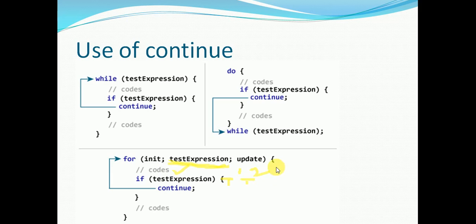Now this code part is executed the third time. Now once the test condition is false, control will not enter this continue statement. It will directly enter this block of code and after that it will update the value over here. The updated value is passed back to the test expression, again if this test expression is true, this code is executed and the condition is tested again. So this is an example of the continue statement.